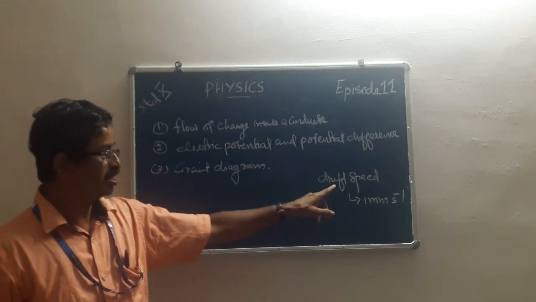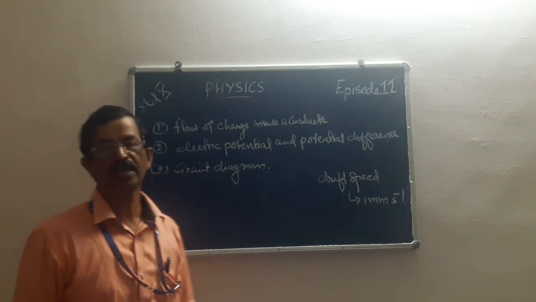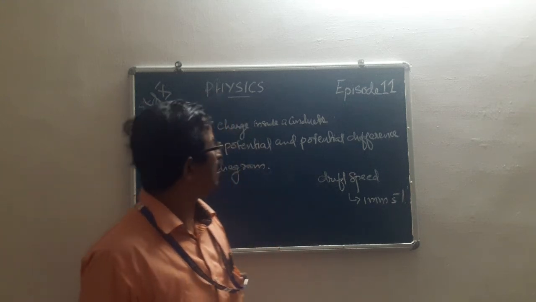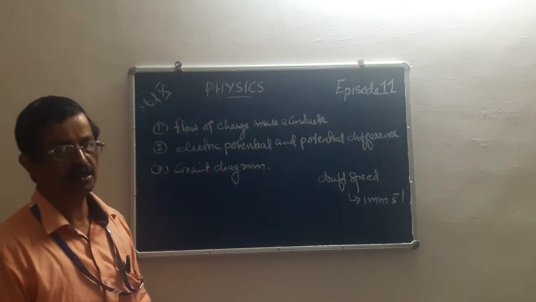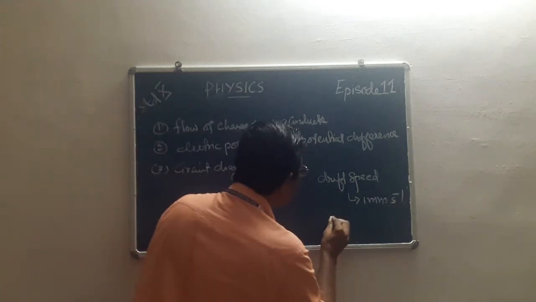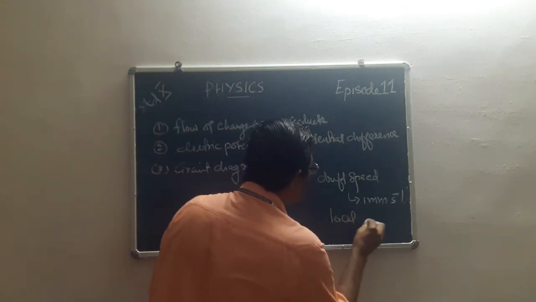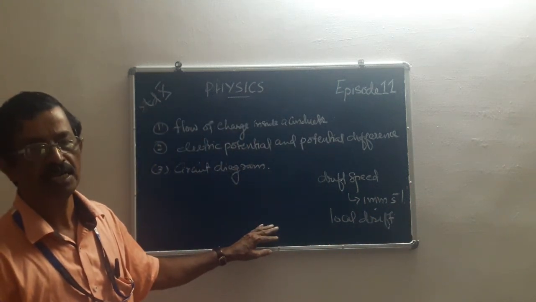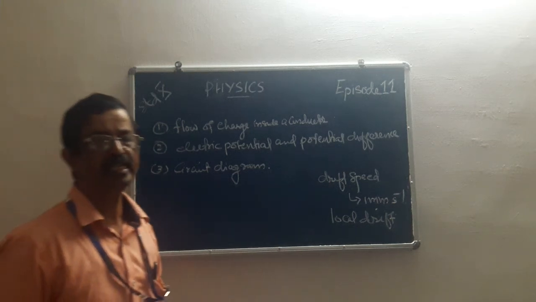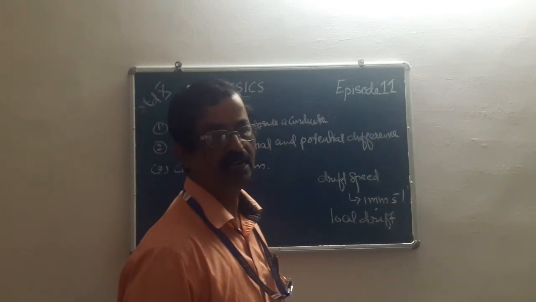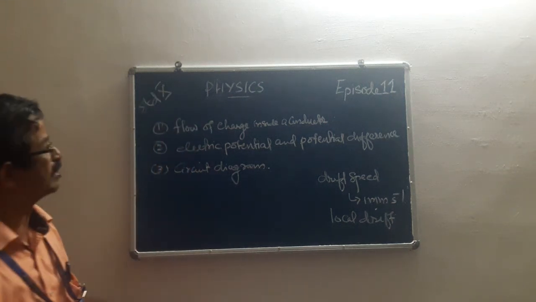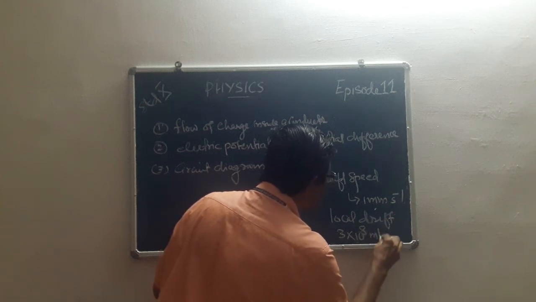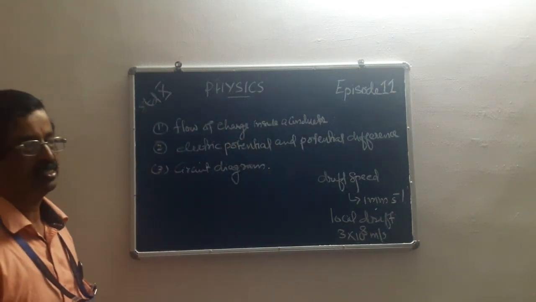Then, if the electron moves at such a small speed, how does the bulb glow when we switch on? It is due to the local drift of electrons. Actually, current flows at a speed nearly equal to the speed of light in vacuum, which is 3 into 10 raised to 8 meters per second.